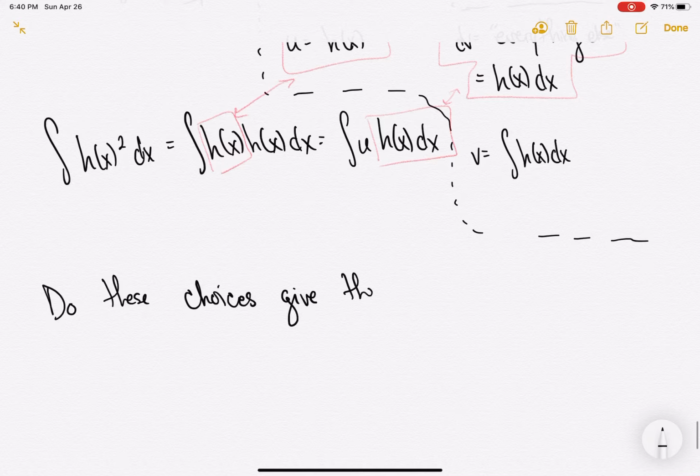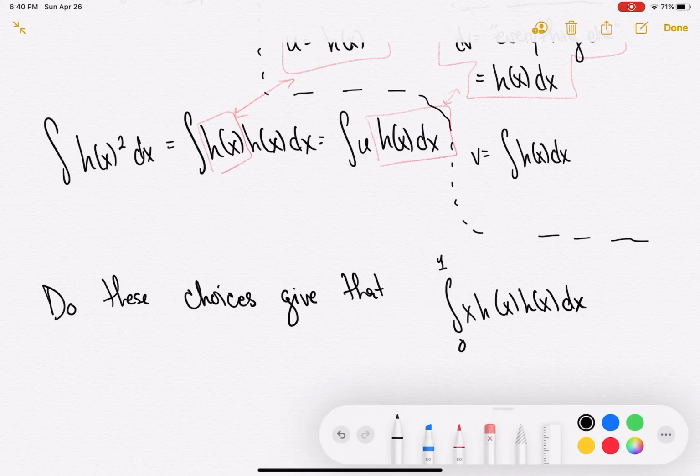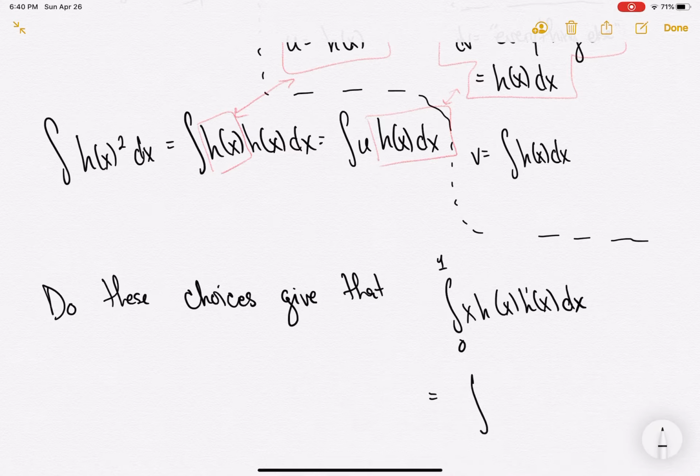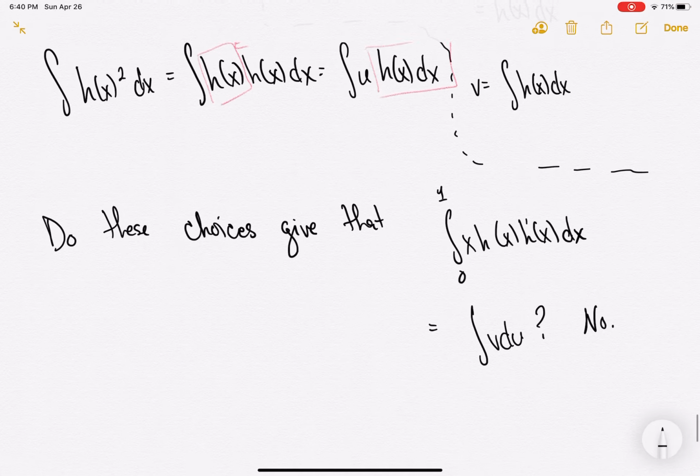Given this term that I gave, the integral from 0 to 1 of x h prime x h x dx. Okay, maybe I swap my primes. Equals integral v du. No. Does not work.